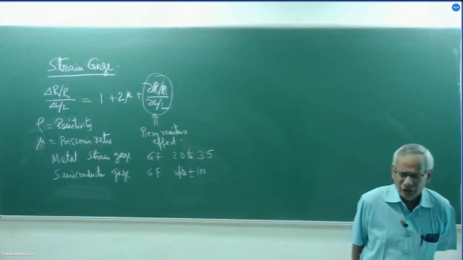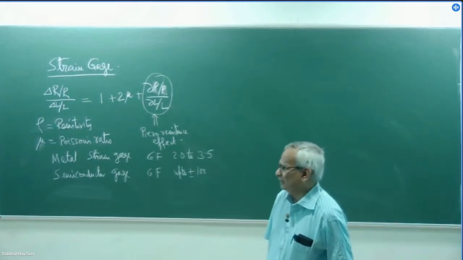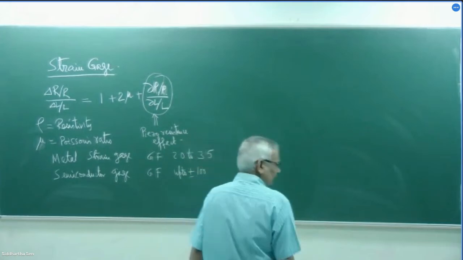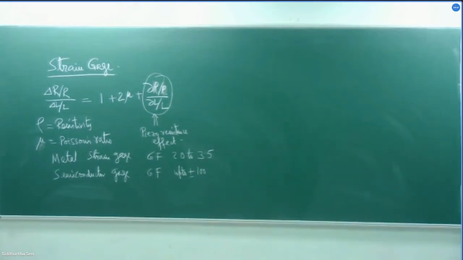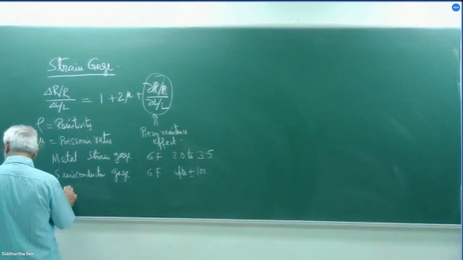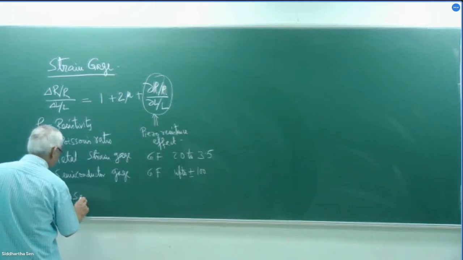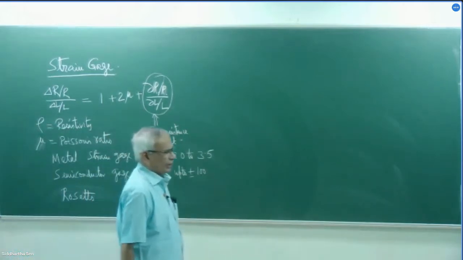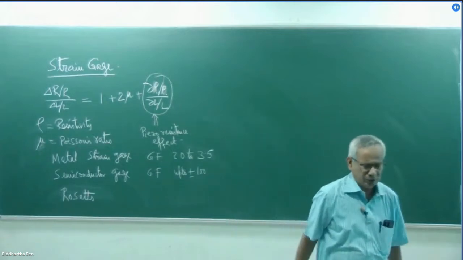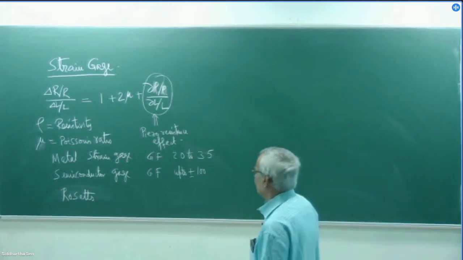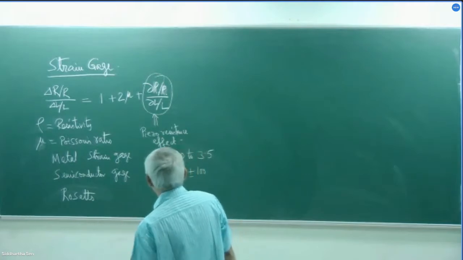We have just mentioned it, but you may go through any book because these are very standard things. We also discussed rosettes, where several strain gauges are placed one after another to measure strain in different directions and different axes. These are called strain gauge rosettes.